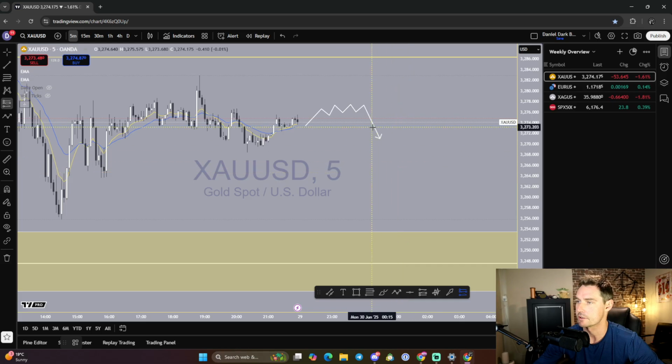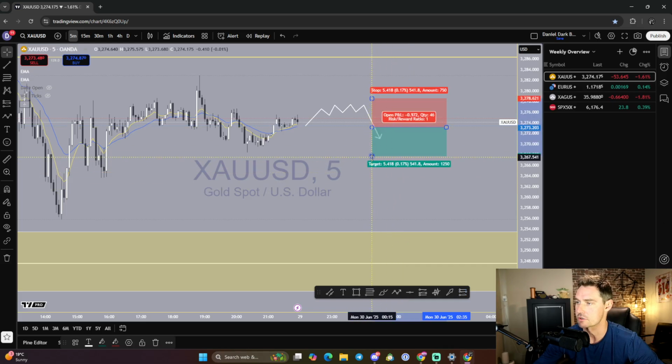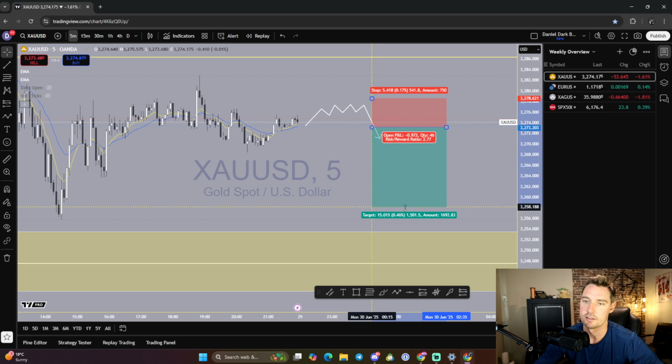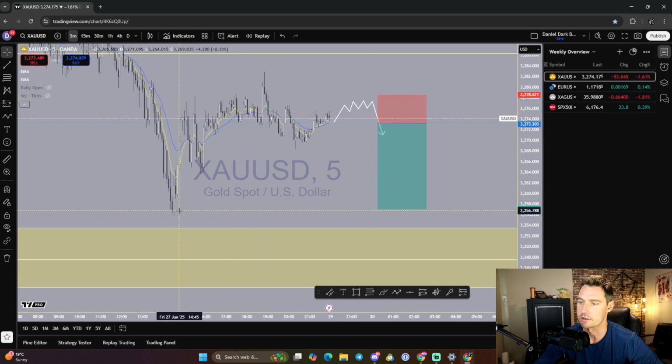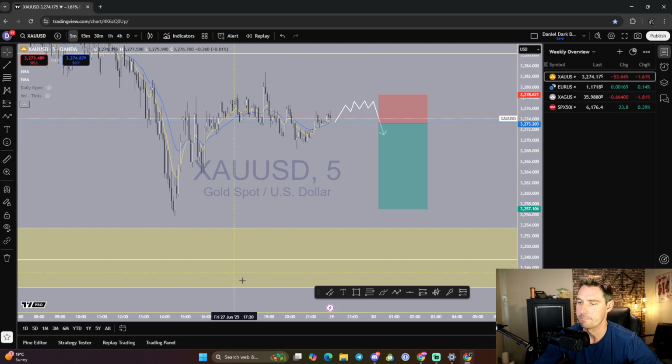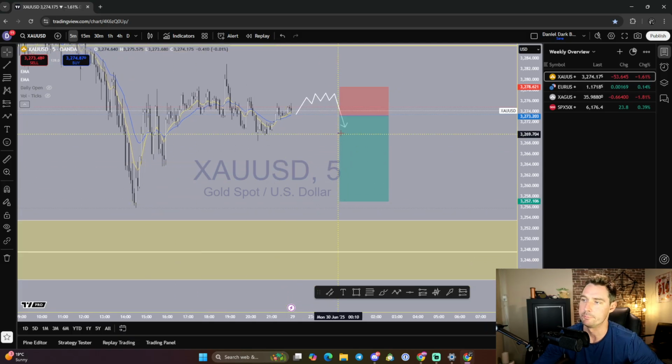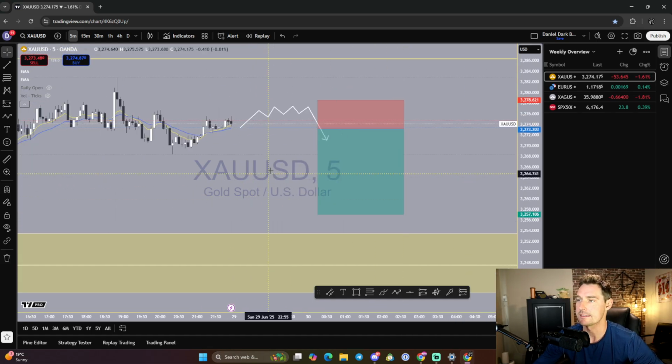If we go short after it breaks that consolidation structure, we can target this previous low here. That's a nice place to target because it's still above the key level we marked out for a demand zone, but it's aligning with this previous price action where a lot of buyers stepped in. So that's the kind of setup I would look for.